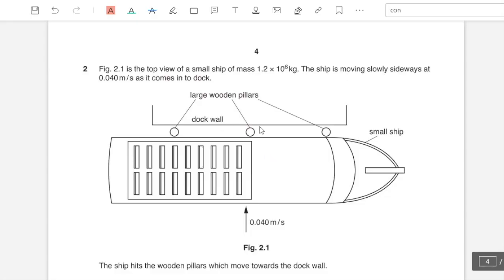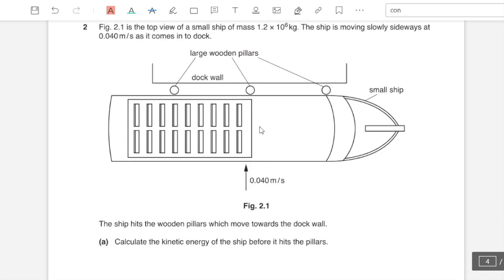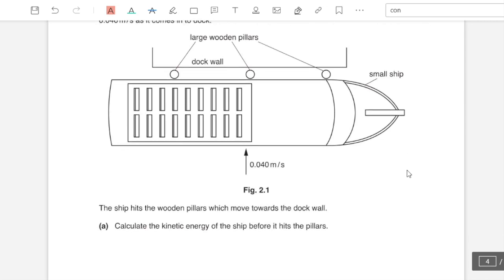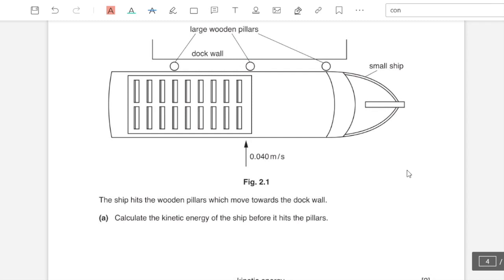Question number 2. Figure 2.1 is the top view of a small ship of mass 1.2 into 10 to the power of 6 kilograms. The ship is moving sideways at 0.04 meters per second as it comes into dock. The ship hits the bottom pillars which move towards the dock wall. A. Calculate the energy of the ship before it hits the pillars.